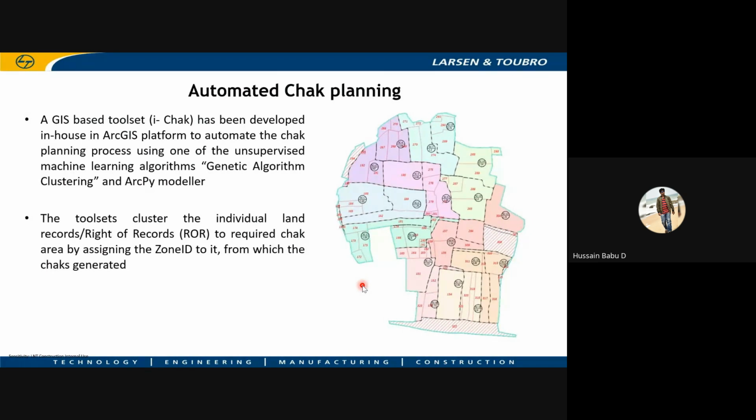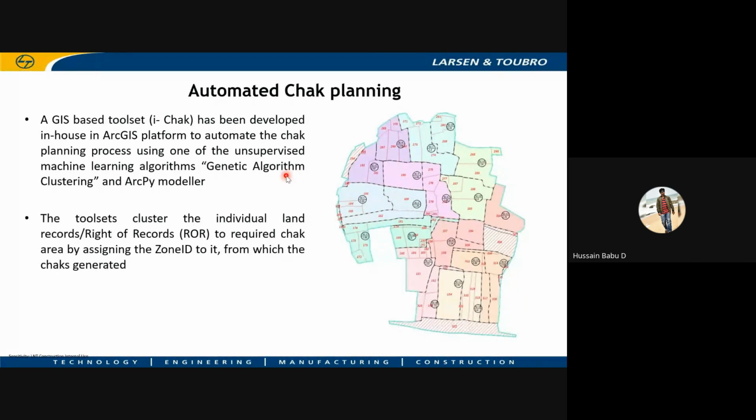So in the case of a mega irrigation project, we will have around 5,000 to 6,000 checks like this to prepare, which will take a huge time when done manually, because it needs to be calculated for each area, and one needs to manually cluster these maps.